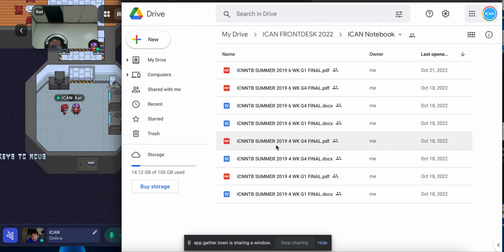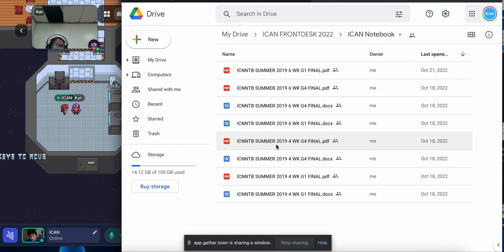But depending on the level of the student, if their level is beginner, we usually give the G1 ICAN notebook. And if the level is higher, it's G4. So it doesn't mean that if they're grade 4, they already get that. It still depends on the level of the student. But that's just to show the difference.